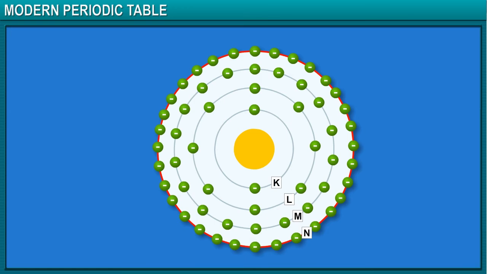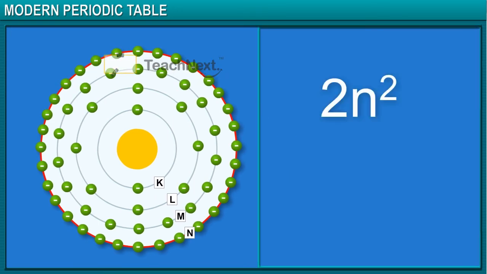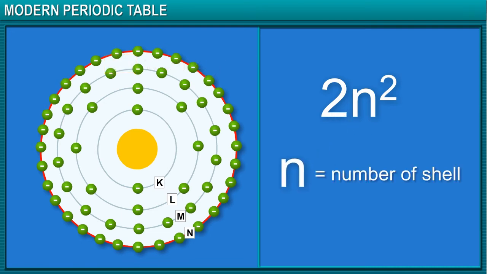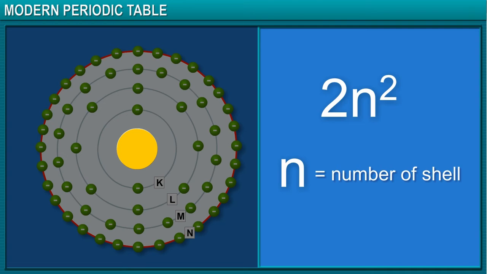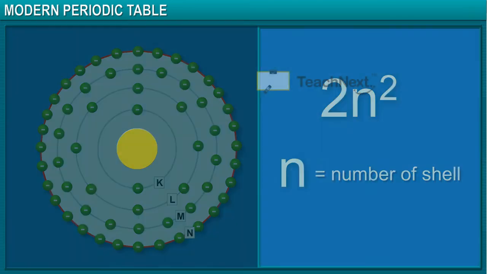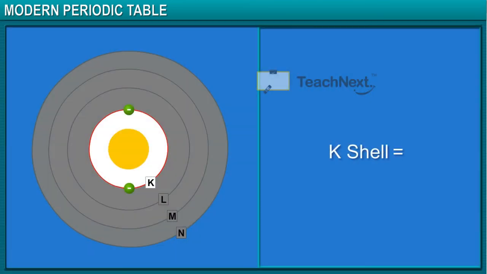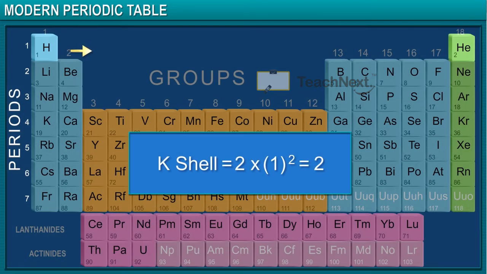We know that the maximum number of electrons that can be accommodated in a shell is given by 2n raised to the power of 2, where n is the number of the given shell from the nucleus. For example, K shell is equal to 2 multiplied by 1 raised to the power of 2, which is equal to 2. Hence, the first period has 2 elements, that is, hydrogen and helium.